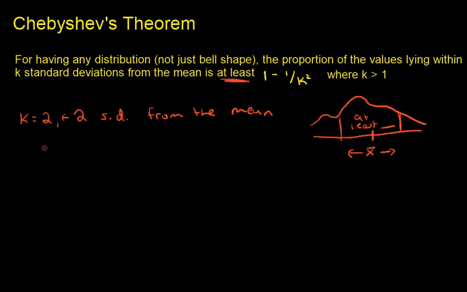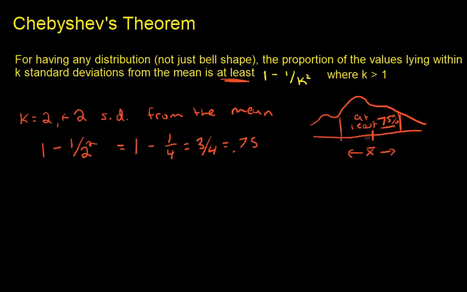If k equals 2, the percentage would be 1 minus 1 over 2 squared, right? 1 minus 1 over k squared. So that is 1 minus 1 over 4, which is 3/4, which is 0.75.